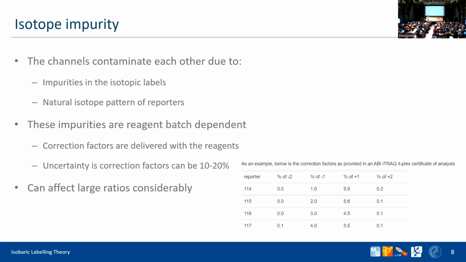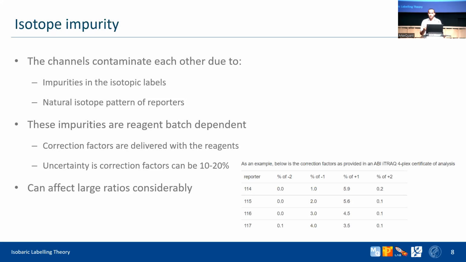This can come from just the error in manufacturing or the natural isotope patterns that occur in reporter ions, similar to any other chemical structure in nature. And what can be done to tackle this problem is to have correction factors that the manufacturer usually provides with the reagents. So we can use these correction factors to get rid of these errors.